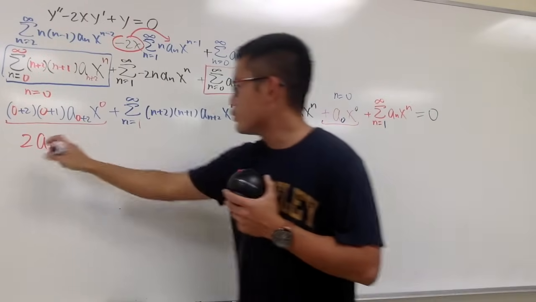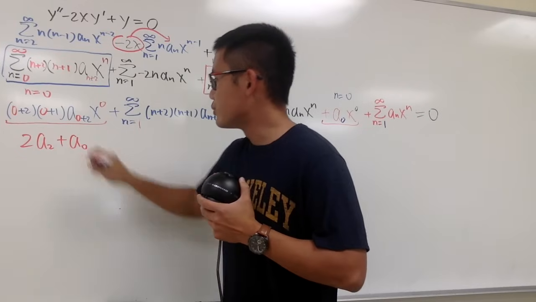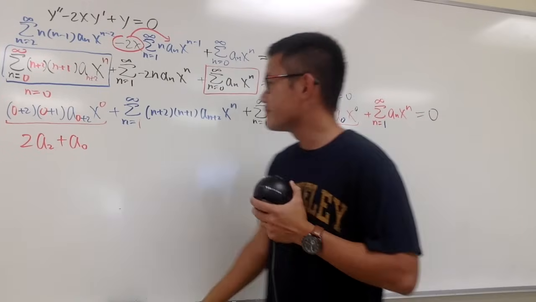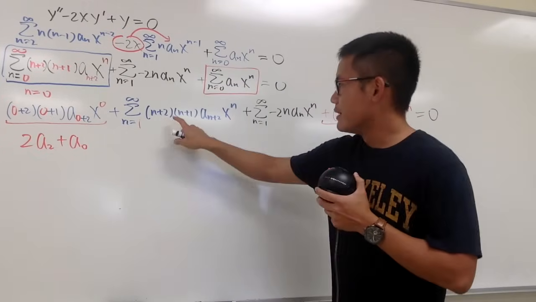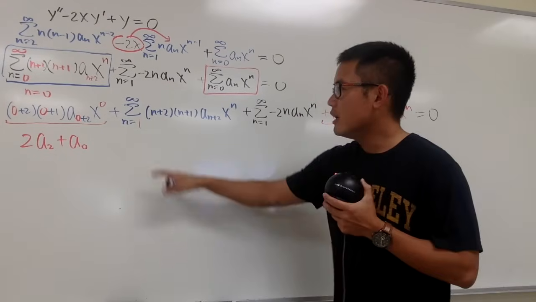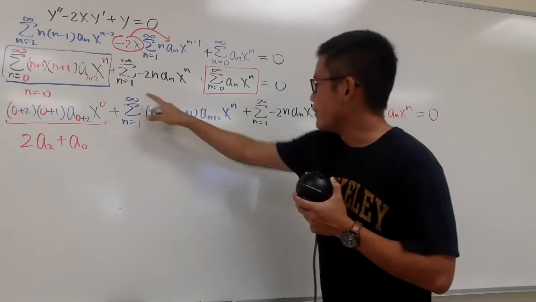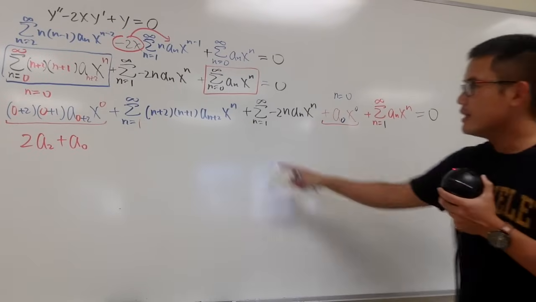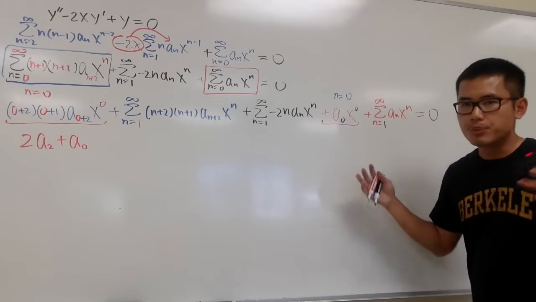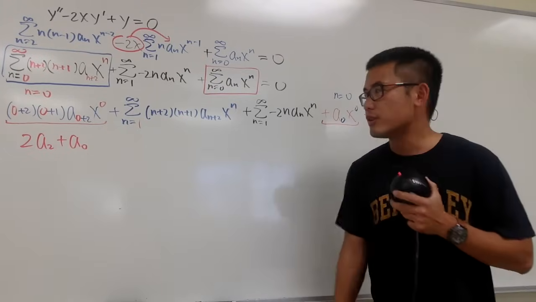So we have 2a2 plus a0. These two terms are not in the sigma notation. If you look at the rest, they are all in the sigma notation, all from n equal to 1 to infinity, and they all have x to the n's power. So now we can put them into just one sigma notation.